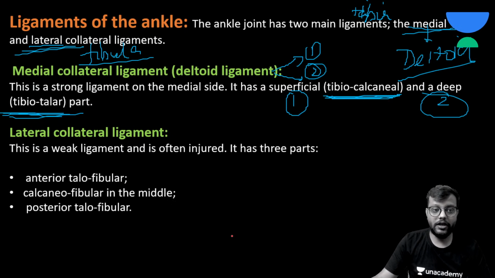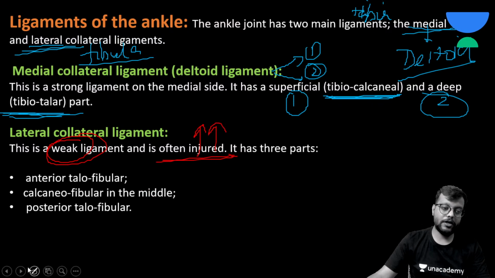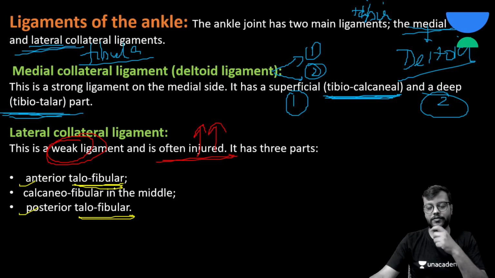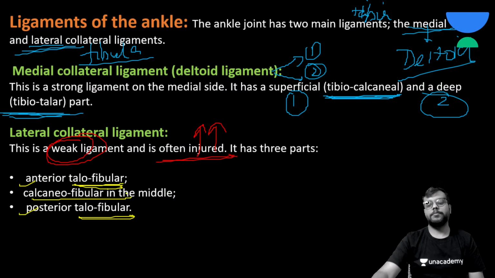Okay, now the lateral collateral ligament, it is a weaker ligament as compared to the deltoid ligament, इसलिए the chances of injury of this lateral collateral ligament is more, and it has three parts, anterior and the posterior talofibular ligament वाला part, talus और fibula के बीच में होगा. And the middle part will be the calcaneofibular part.